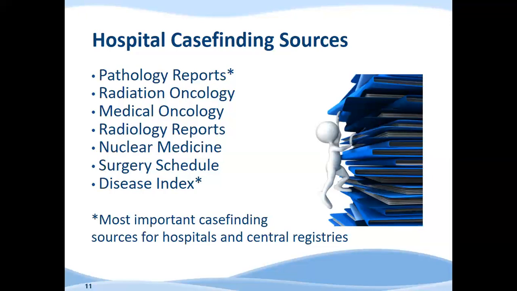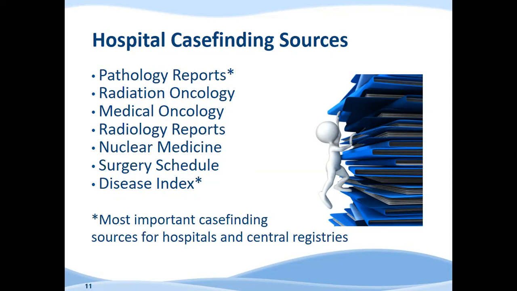Now, the computerized disease index based upon the cancer codes, which we just discussed, is another main source of case finding. So the inpatient chemotherapy and clinically diagnosed cases by radiology are some of the cases that would be found using the disease index.